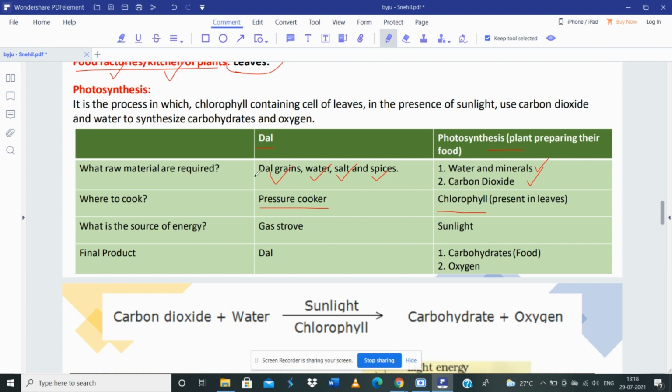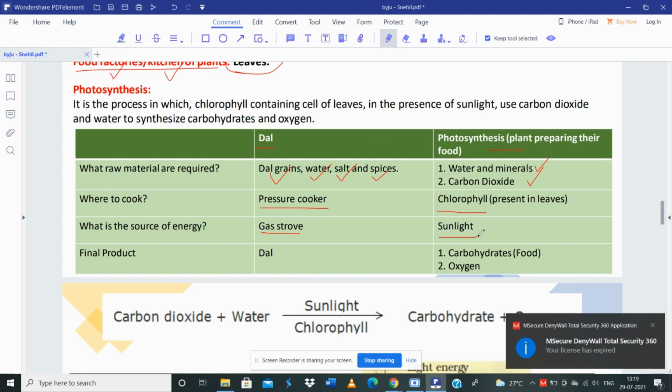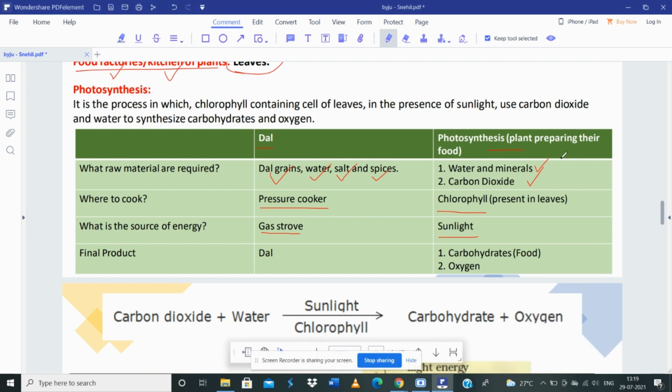Now get back to dal. Here, what is the source of energy? Here the source of energy is the gas stove, but in the case of photosynthesis, the source of energy is sunlight. So here we have raw materials, and these raw materials will be utilized by chlorophyll in the presence of sunlight to cook our final products, and our final products are carbohydrates and oxygen.